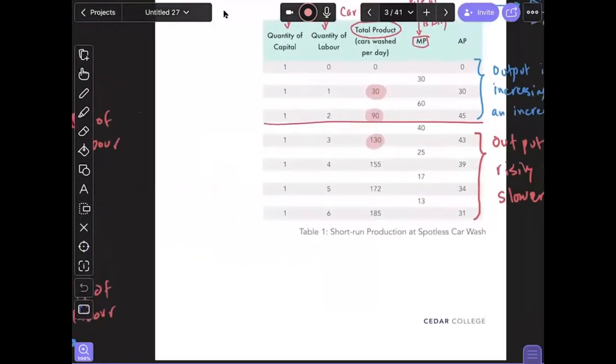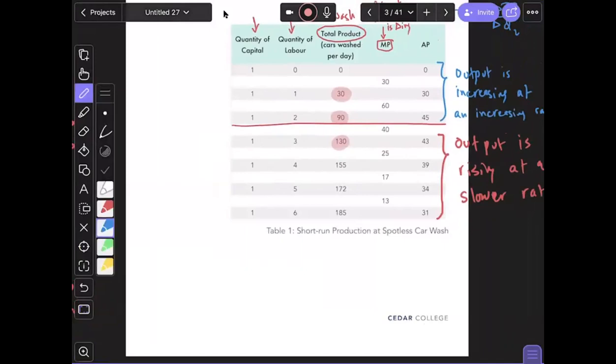But look at this, guys. What if the seventh worker actually ended up making the total go to, for example, 175? What if the seventh worker actually ended up causing the output to be falling?